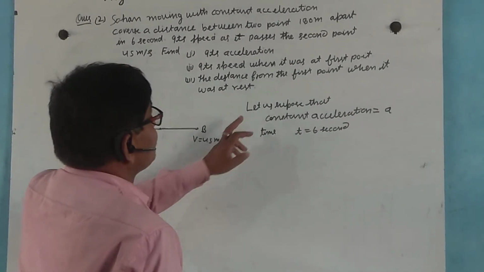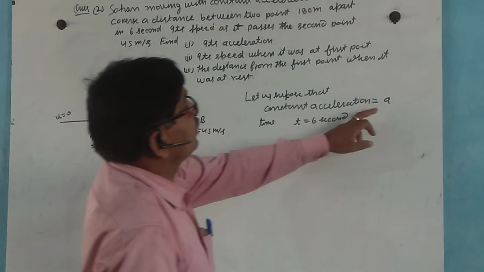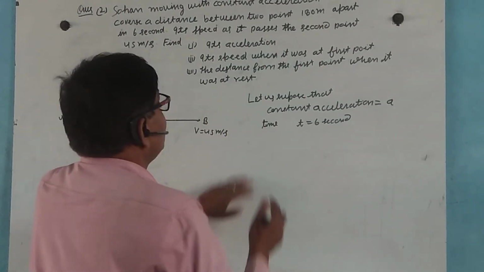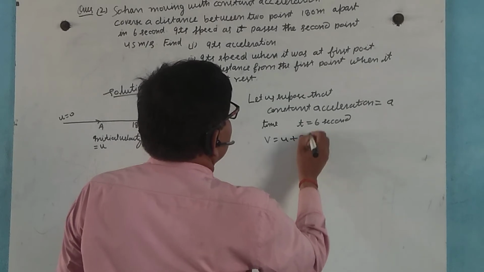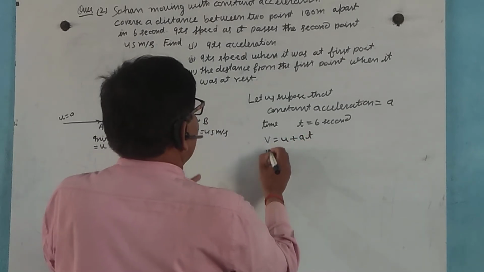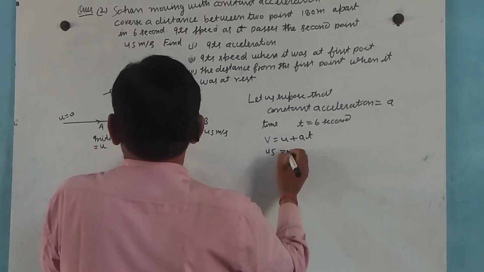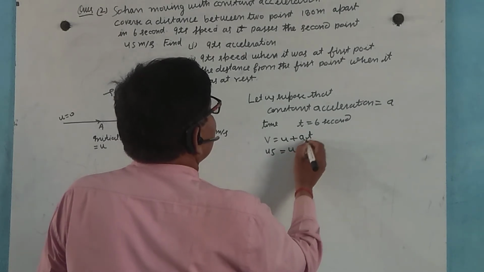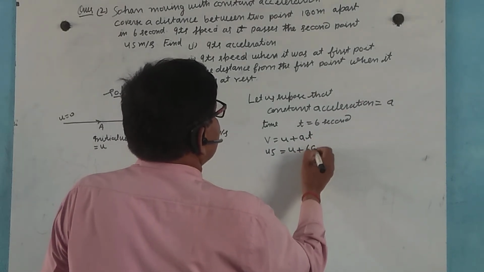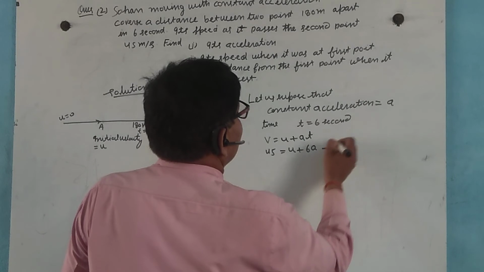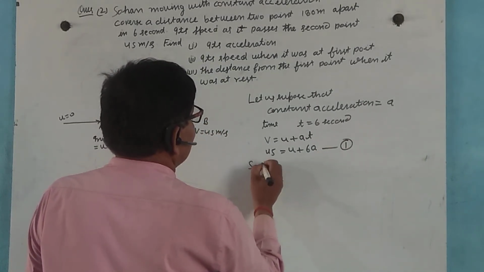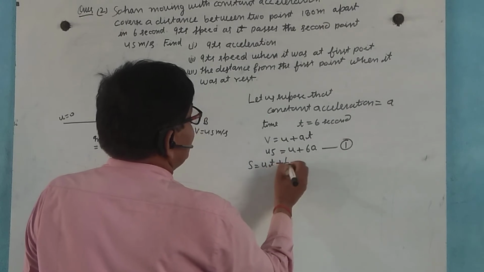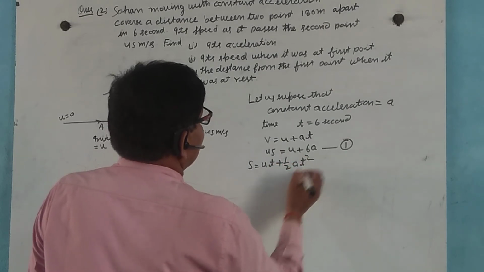Here, let us suppose that constant acceleration is equal to a and t is equal to 6, so that v equal to u plus at, v is 45 and at is equal to 6a. This is the first relation. And now s equal to ut plus half at square.